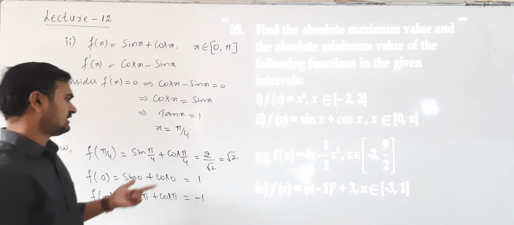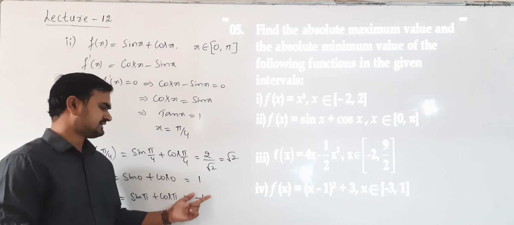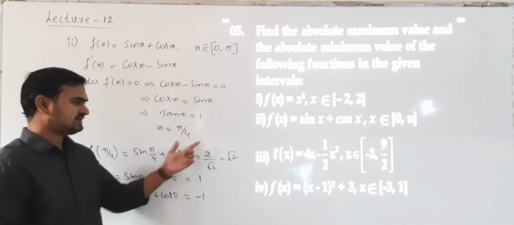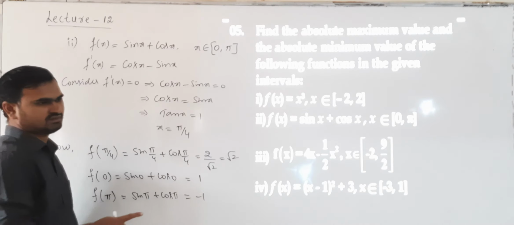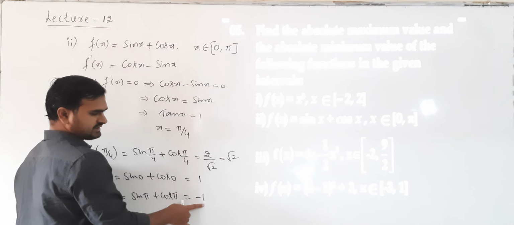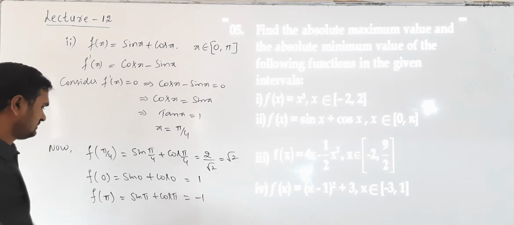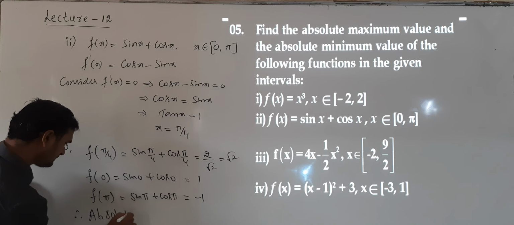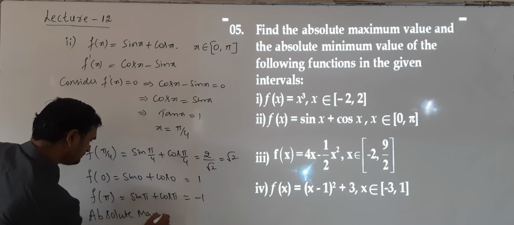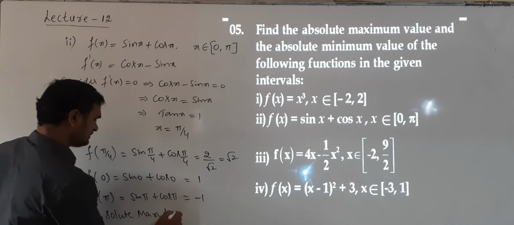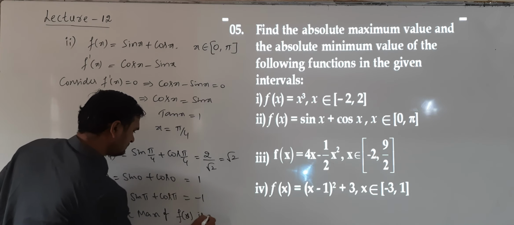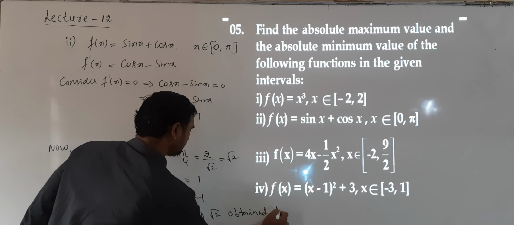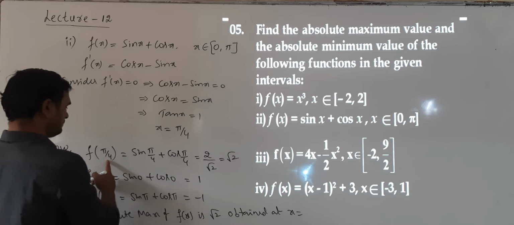Okay. So after finding the function values at the critical point and at the endpoints, out of all these, which one is the greatest? The greatest of root 2, 1, minus 1 is root 2. So the absolute maximum of f of x is root 2, obtained at x equal to pi by 4.